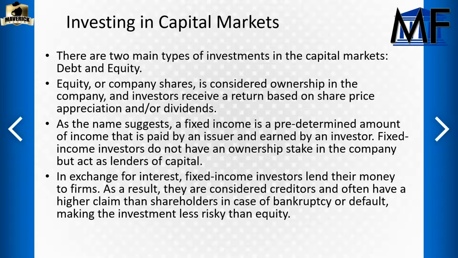So when it comes to bankruptcy, if companies were to go bankrupt, the debt markets are usually higher on the claim scale than equity. So if you are thinking back to companies going under, let's say General Motors, which went bankrupt, the equity was basically wiped out, but it doesn't guarantee that the fixed income or the debt was wiped out. It could be that the company restructures and some of that debt stays.